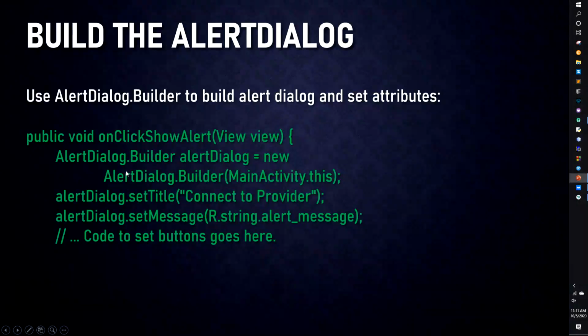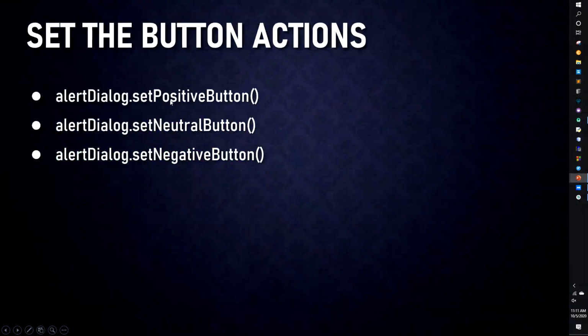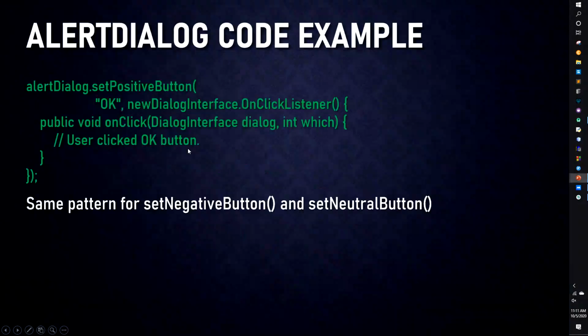We have done this in our practice part. This is the set positive and set negative button. Also you can have set neutral, but we don't frequently use this one. We use these two buttons and implement whatever action inside. The same way here, if the OK button is clicked, the user can do some task inside this method.